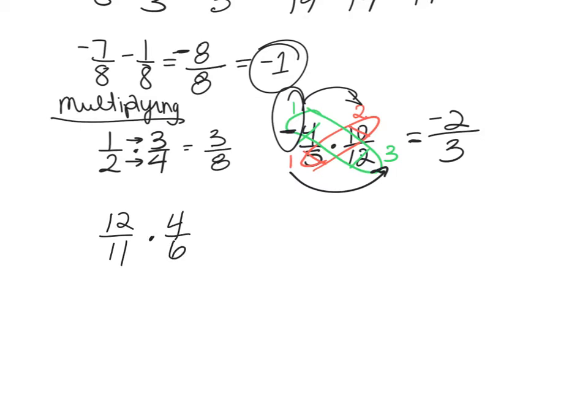12 over 11 times 4/6. Now when you look at this diagonally, do 4 and 11 have any common factors? Or do 12 and 6 have common factors?